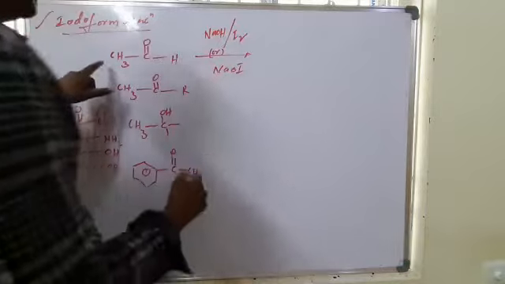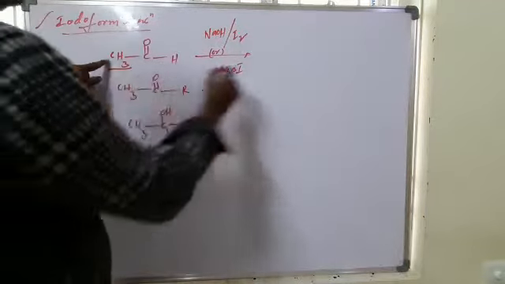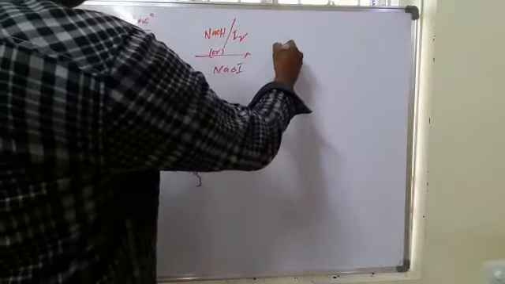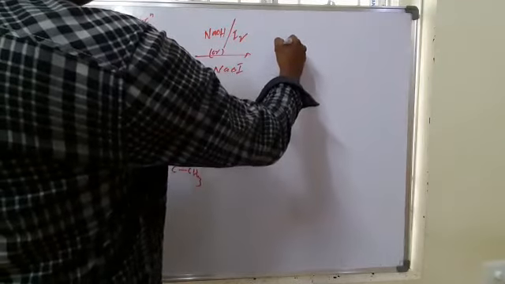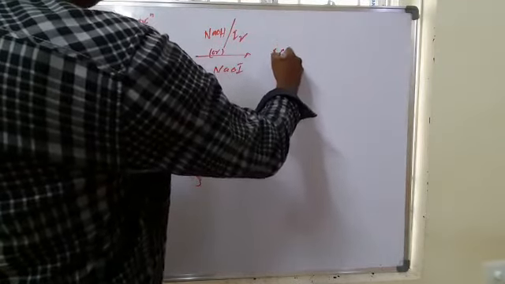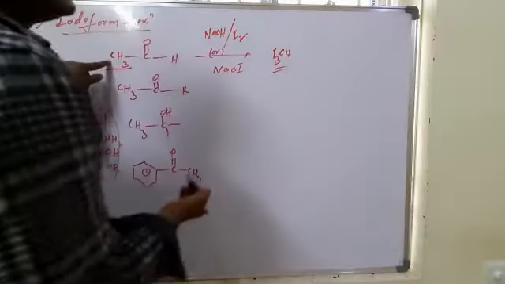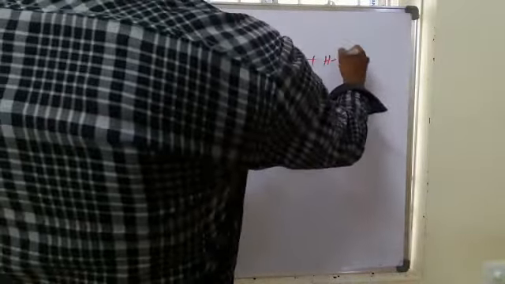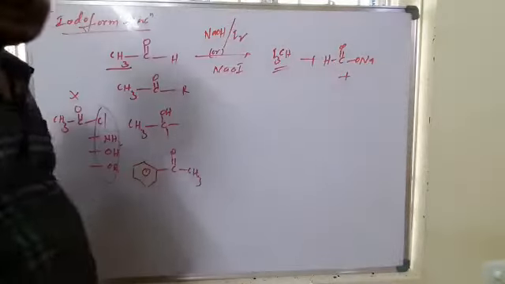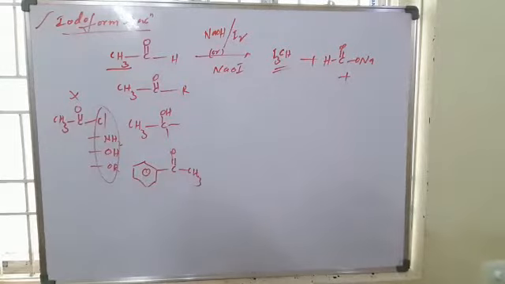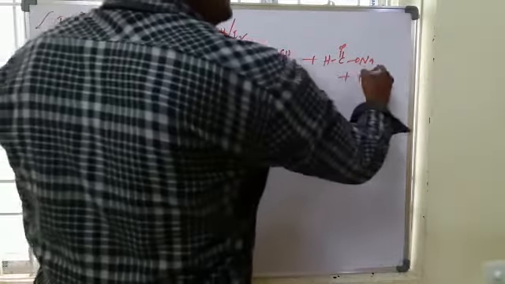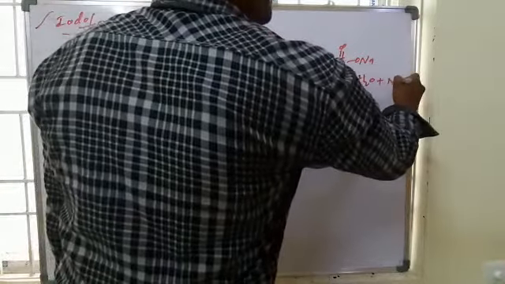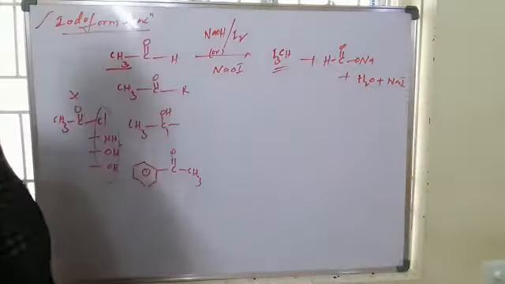So here, what happened is this part is going to form CHI3, iodoform, and the other part is going to form HCOONa, and also water and sodium iodide.